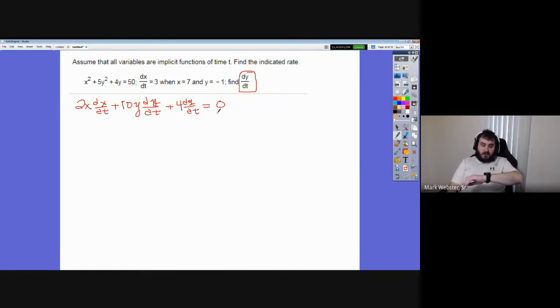So what we need to do is solve for dy/dt. Well, first thing we should probably do is get all the other stuff over to the other side. Let's subtract the 2x dx/dt over and factor out the dy/dt. There we go, much better.